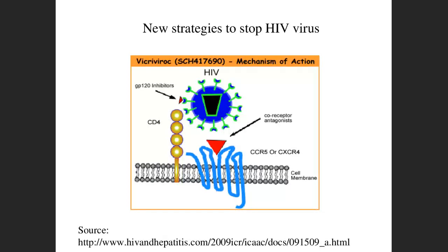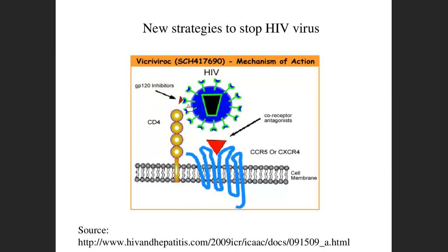Of course, we're trying to find additional ways to prevent the HIV from infecting. For example, these are the new strategies. We know CD4 and CCR5 or CXCR4 are the receptors, right?